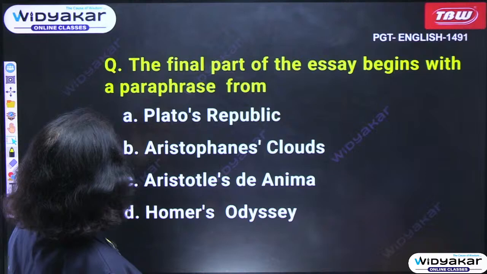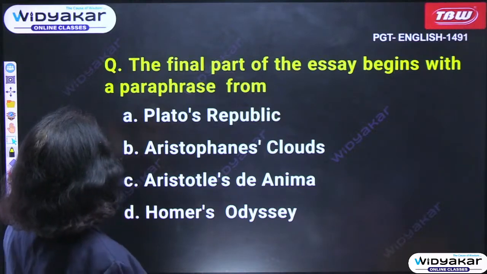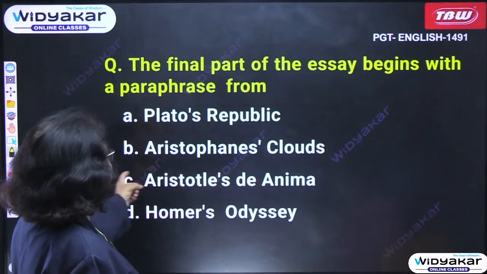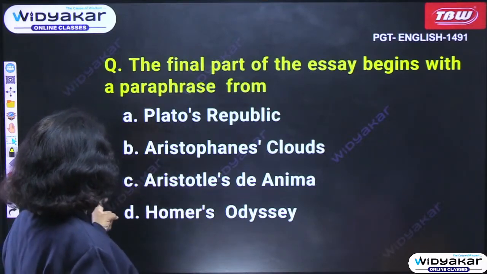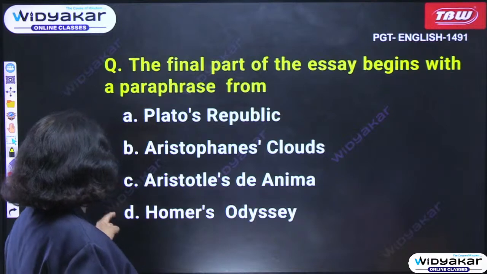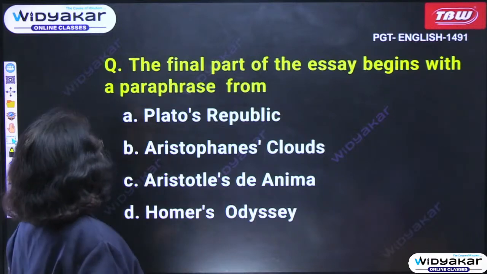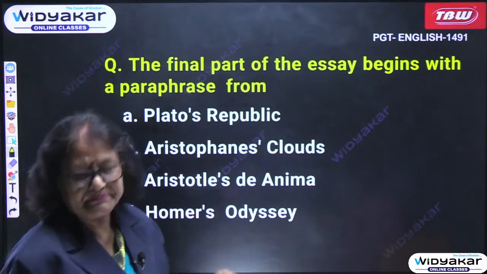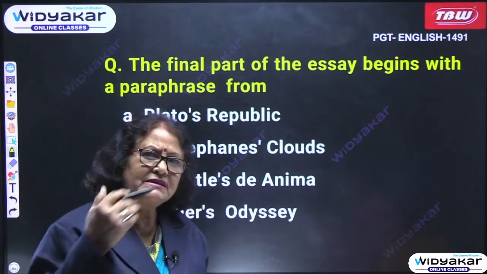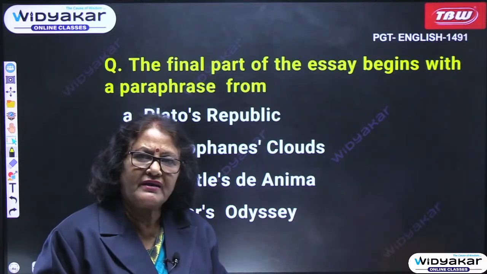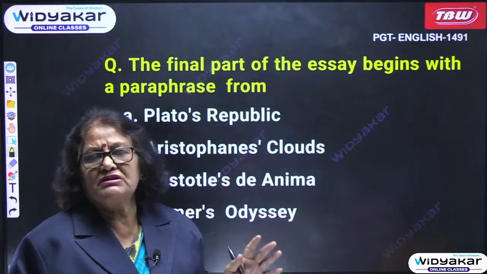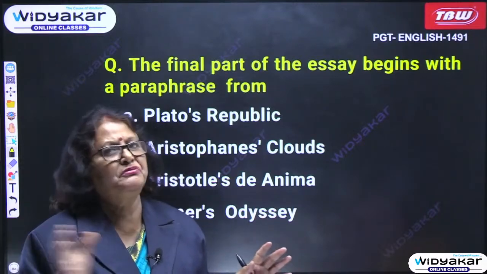The final part of the essay begins with a paraphrase from A. Plato's Republic, B. Aristophanes' Clouds, C. Aristotle's De Anima and D. Homer's Odyssey. The final part of the essay, in the final conclusion, Eliot says in theory that poetry is not turning loose of emotion but escape from emotion.